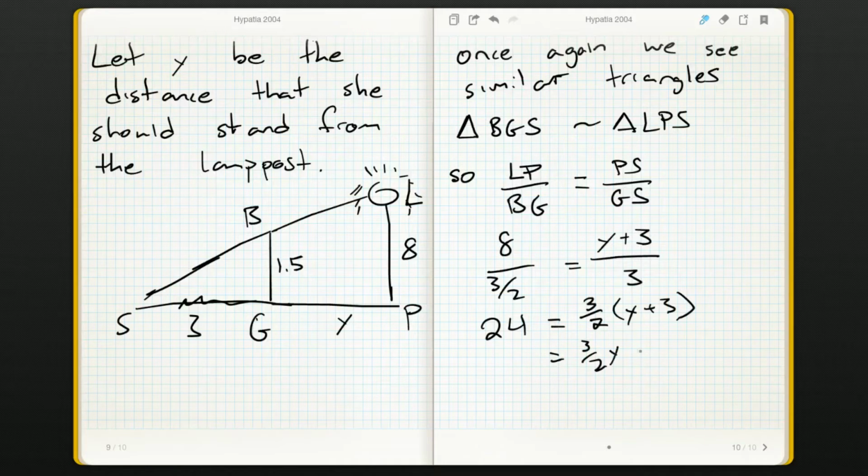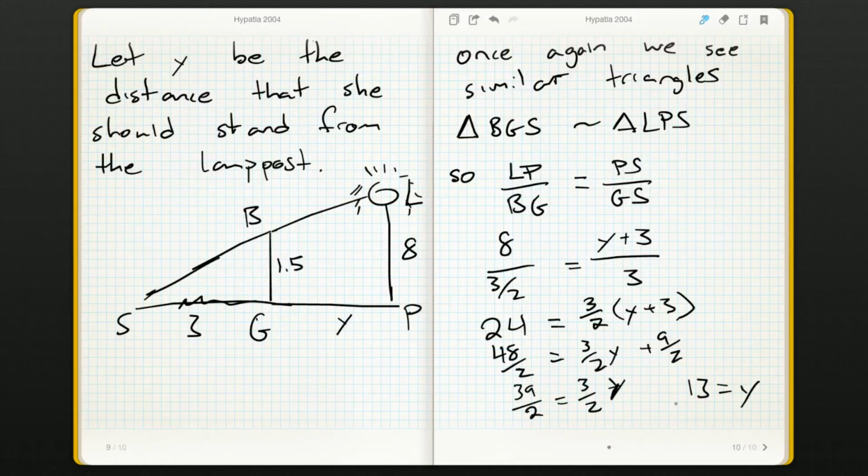So 3 halves y plus 9 halves. Make everything into halves, so 48 halves. I'll bring the 9 halves over to the other side. So 48 minus 9 is 39. 39 halves is 3 halves times y. Multiply by 2, divide by 3, we get 13 is equal to y.